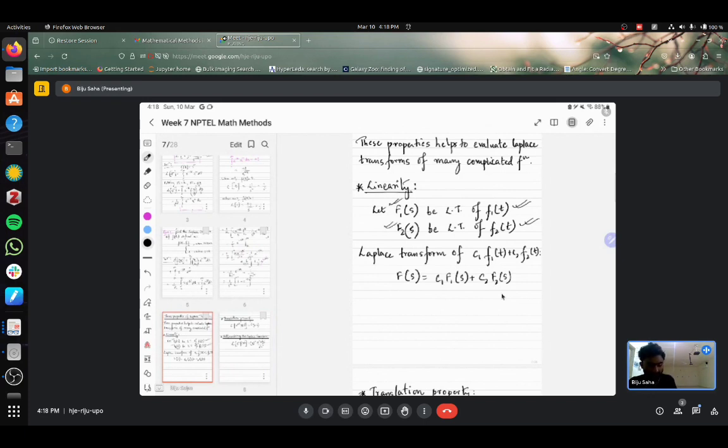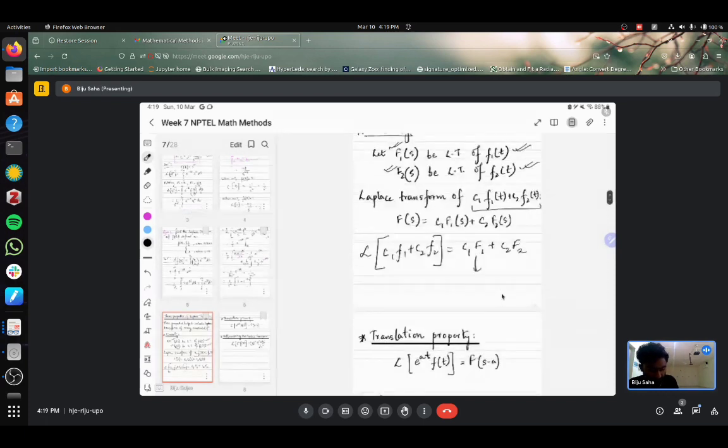So the Laplace transform of a linear combination of the given functions, that is c1 f1 plus c2 f2, a linear combination of the two functions f1 and f2, is equal to the linear combination of the Laplace transforms of the individual functions.